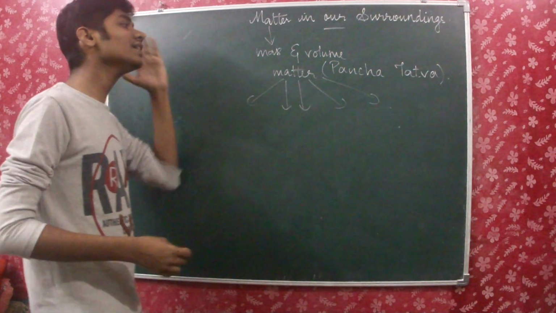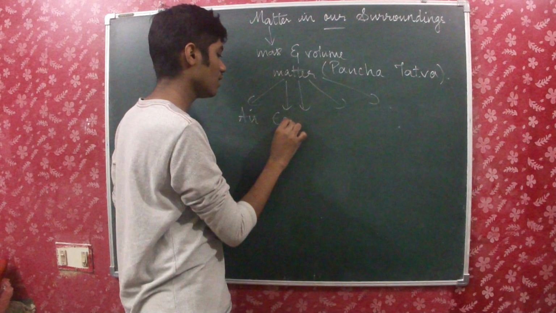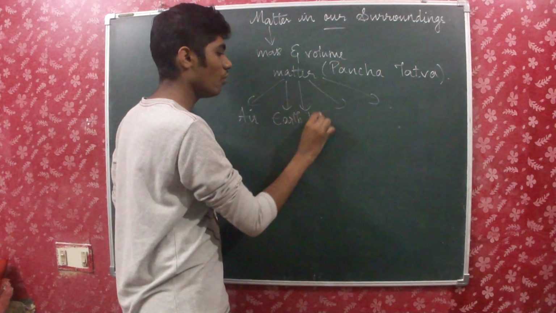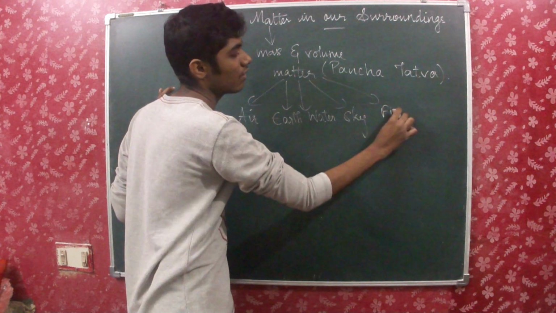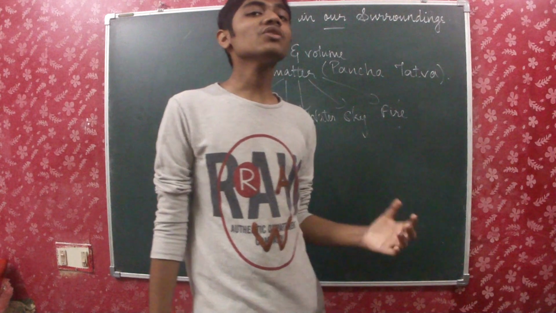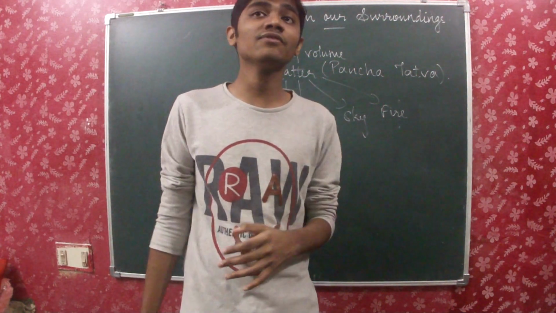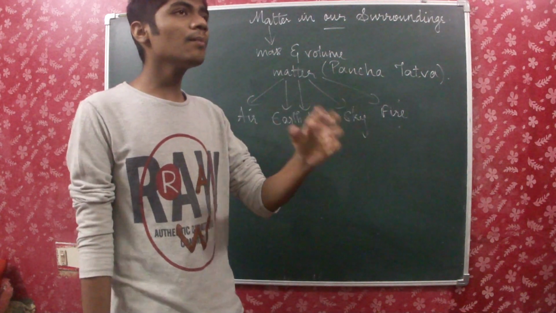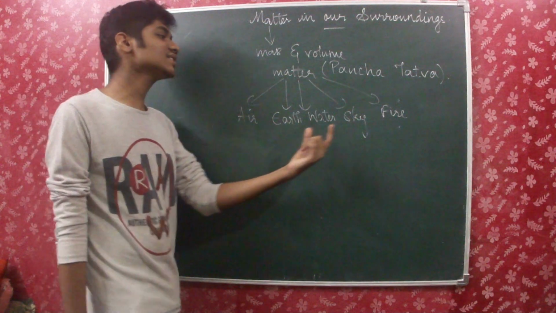So the ancient Indian philosophers and the Greek philosophers said that matter is composed of 5 elements predominantly, and they are air, earth, water, sky and fire.